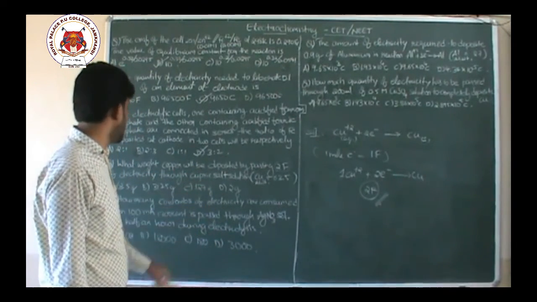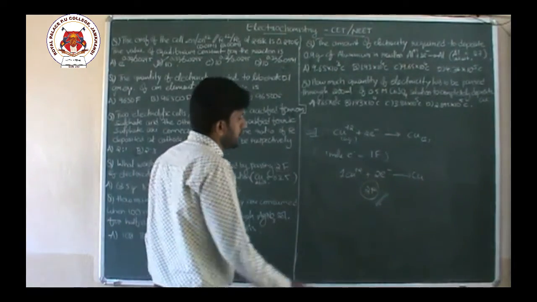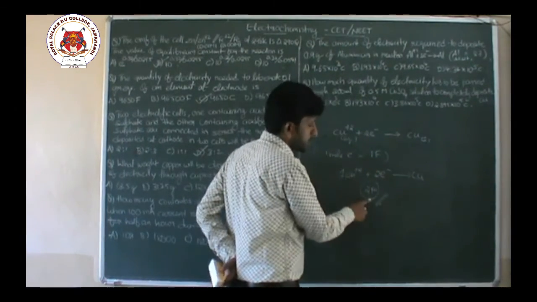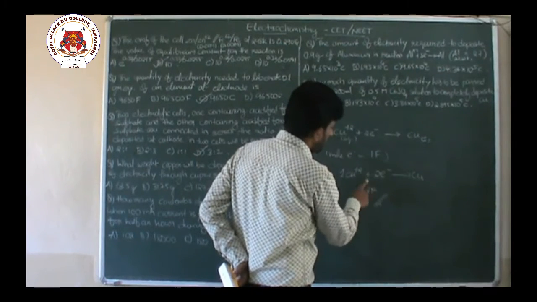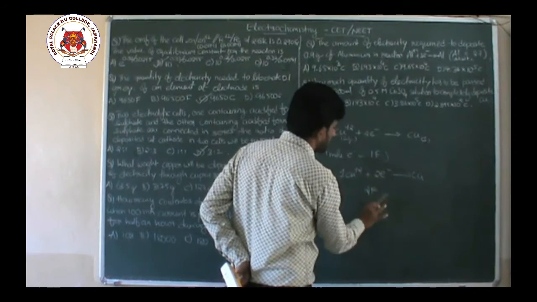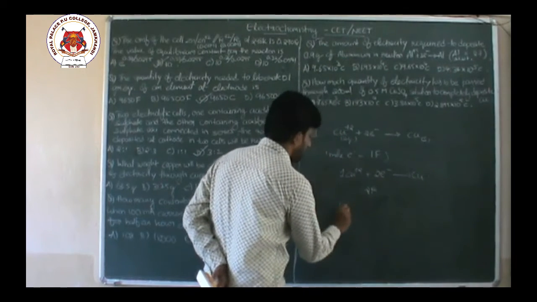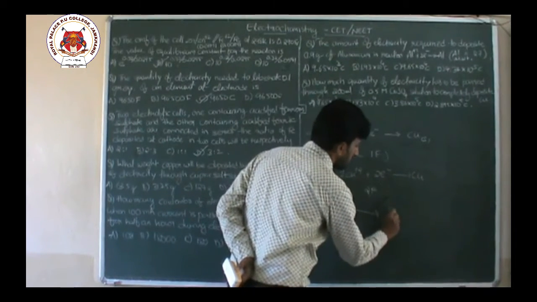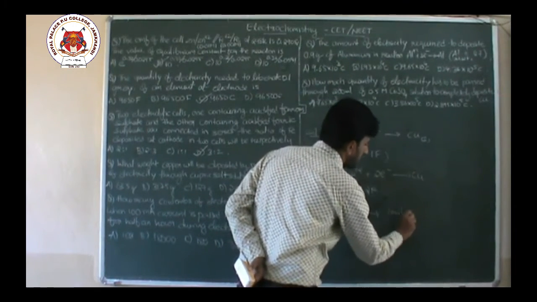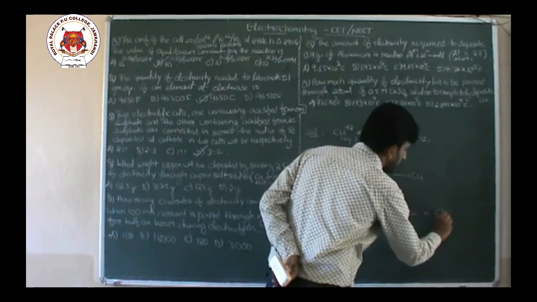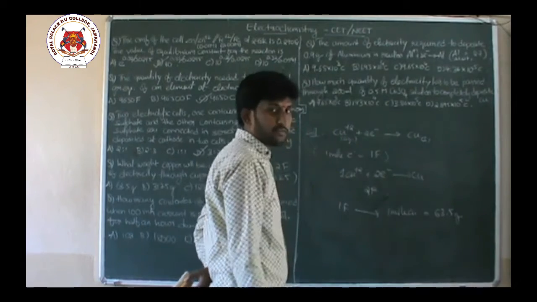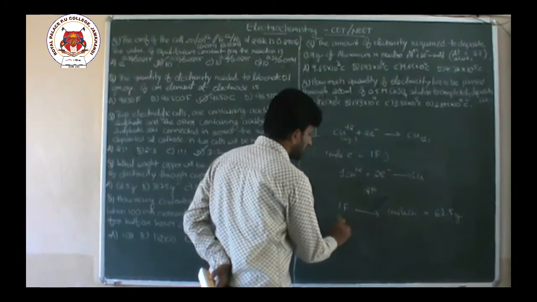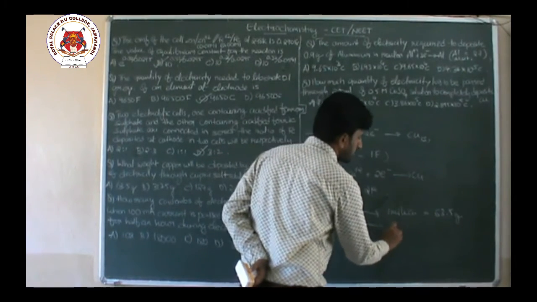You know that 1 Faraday can deposit 1 mole of substance. 1 mole of copper weighs 63.5.